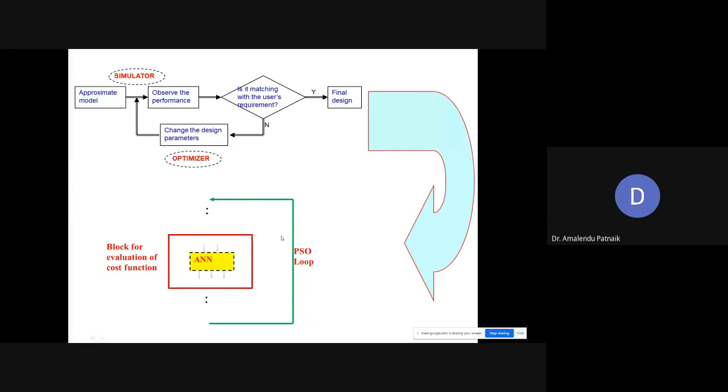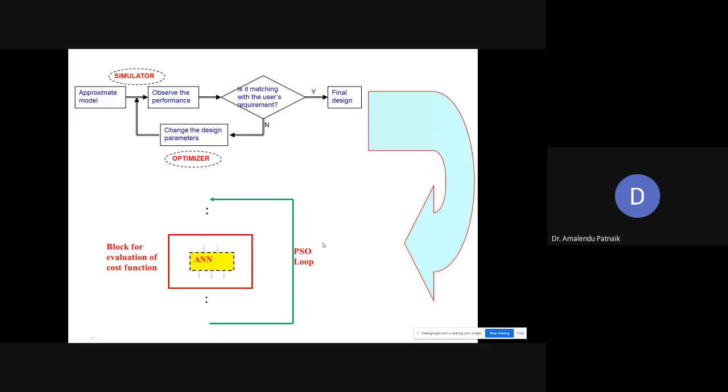And here the meta-heuristic based optimization, PSO, is solving an optimization problem. Although you have different meta-heuristic techniques, depending on their capability or the type of problem that they can solve, you use a combination of those meta-heuristics to solve your own antenna problem. Okay.